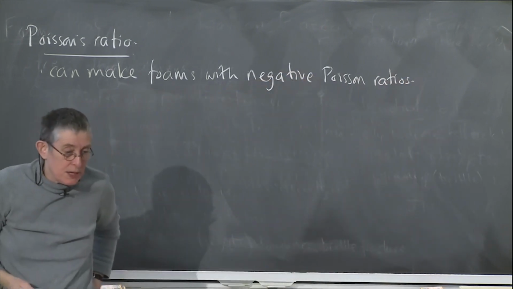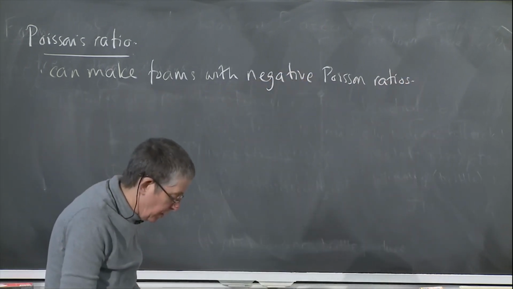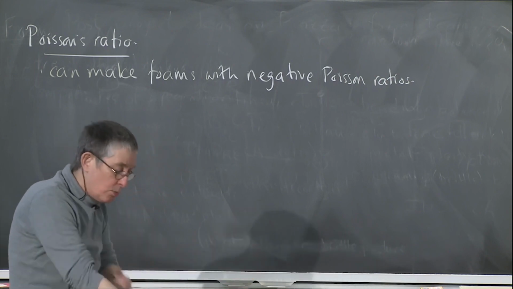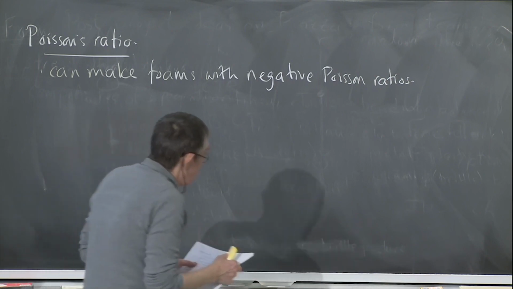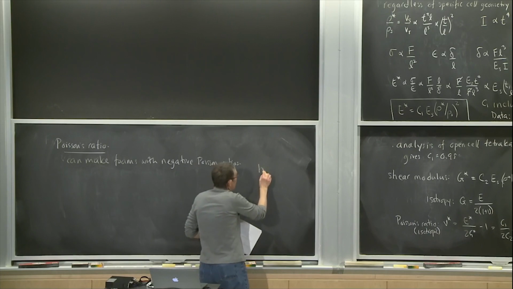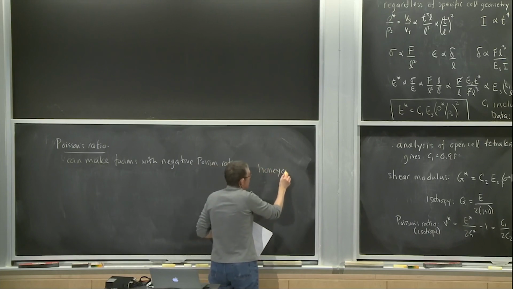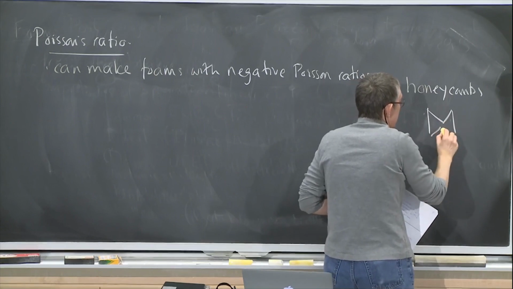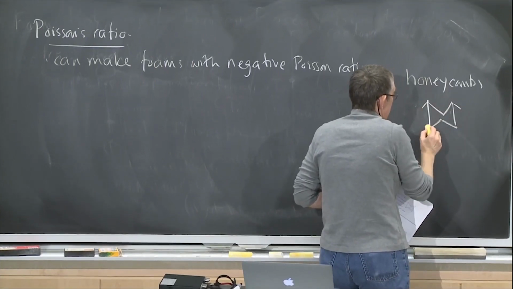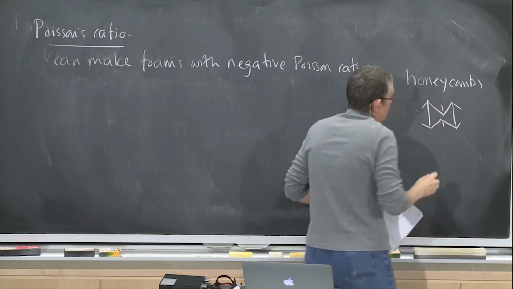And they do it the same way as for the honeycombs, really. You know how the honeycombs had negative Poisson's ratios if the cell walls looked like this sort of arrangement.